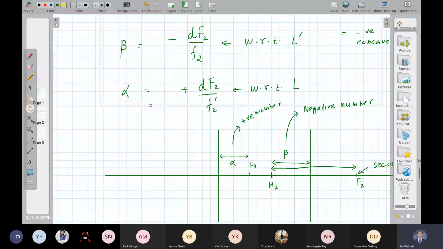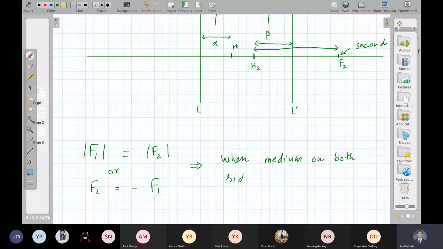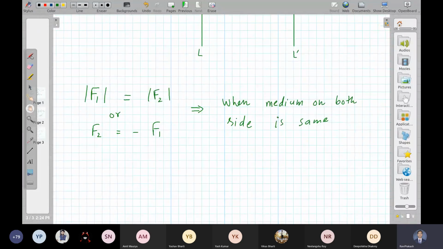First focal length और second focal length same होती है, at least their magnitudes are same. कब? और they are opposite तो आपको हमेशा ही मिलेंगी. जब लेंस के दोनों तरफ का मीडियम सेम है तब आपको ये दोनों फोकल लेंथ मैग्नीट्यूड में सेम होंगे बट दे आर ऑन अपोजिट साइड. ओके. मीडियम सेम नहीं है तब क्या होगा?